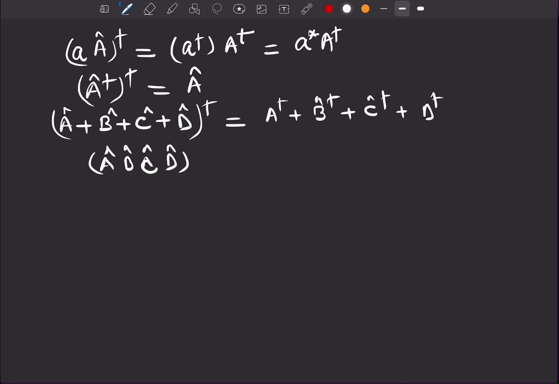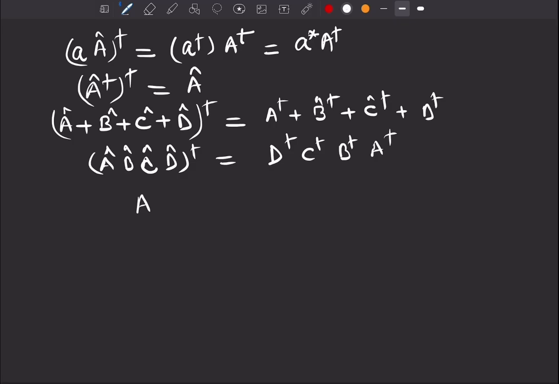If the adjoint of the product of operators is given, then we can write this in reverse order first, and then we replace the operators with their corresponding adjoints. So follow carefully the sequence.